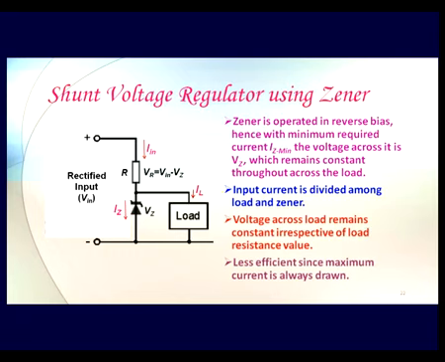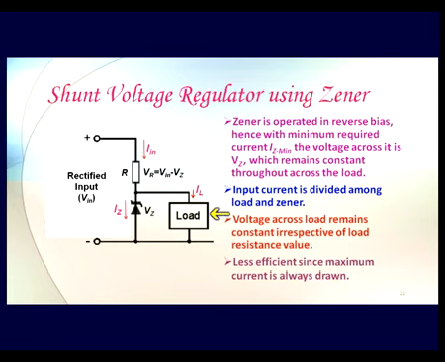Now in order to keep the minimum IZ flowing through the Zener irrespective of whatever IL is, my IIN, the input current, has to be enough to cater for the Zener current minimum, at least IZ minimum, plus the maximum load current IL, and that much current is always going to be flowing through this R. I am always going to dissipate I squared R as the power across this.